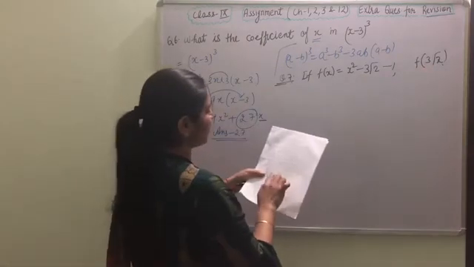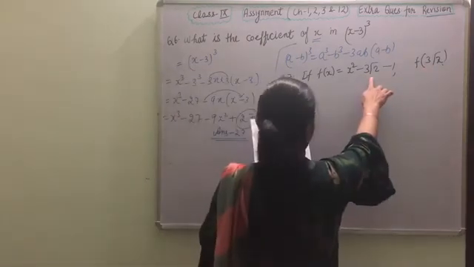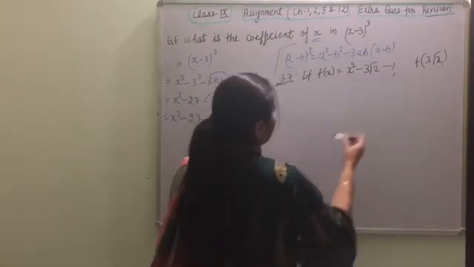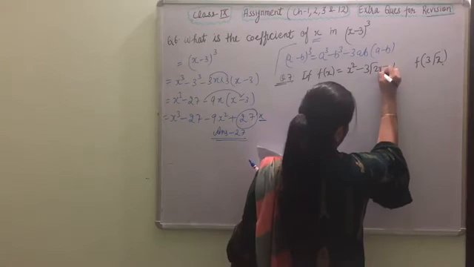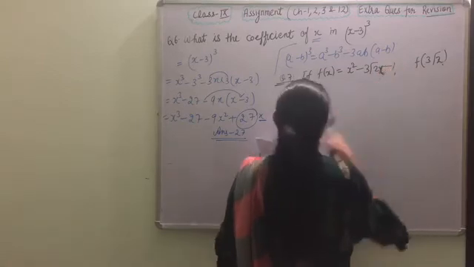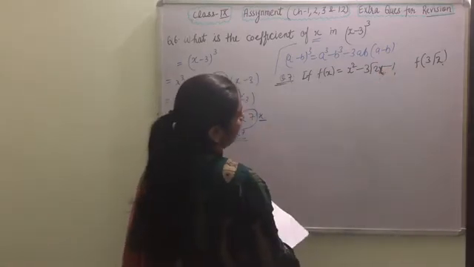Given polynomial is x square minus 3 root 2 x minus 1. x is also there. Okay, now we are solving this question.